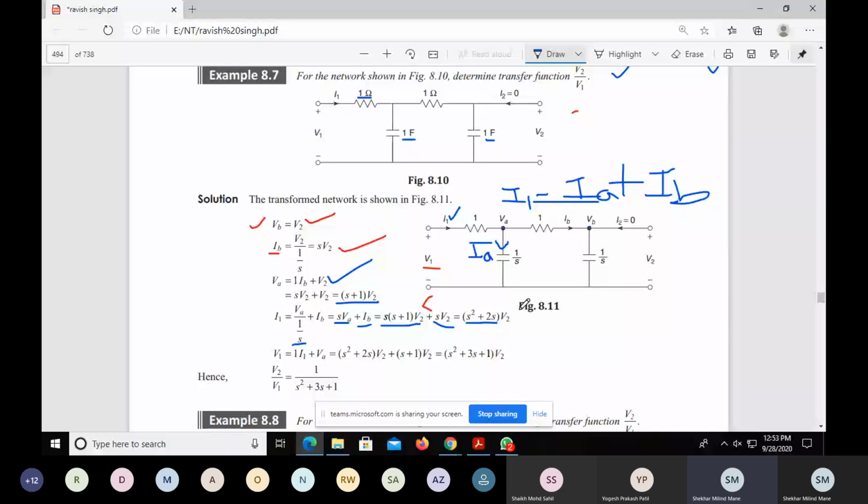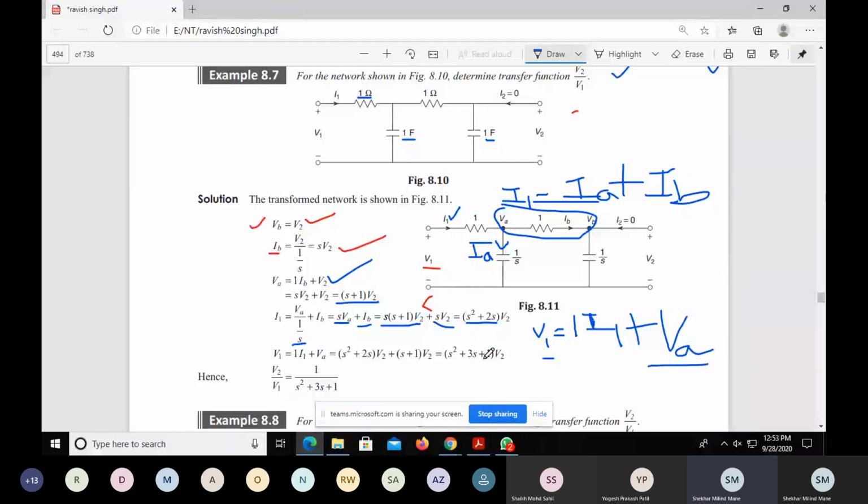Now V1 is left. In the same way, like VA is equal to 1 into IB plus VB, we can write V1 is equal to 1 into I1 plus VA.